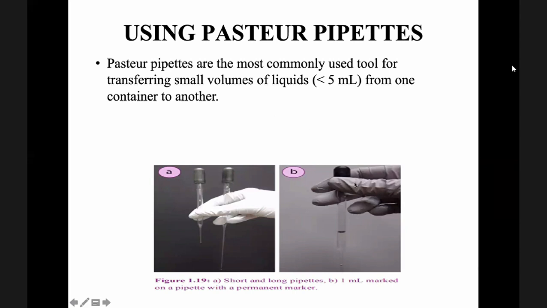So these are pasteur pipettes. So, used to transfer volumes of liquids less than 5 ml from one container to another. So may ara din siya class dropper na i-squeeze nyo na siya. And these are marked also. May ara siya gradation.